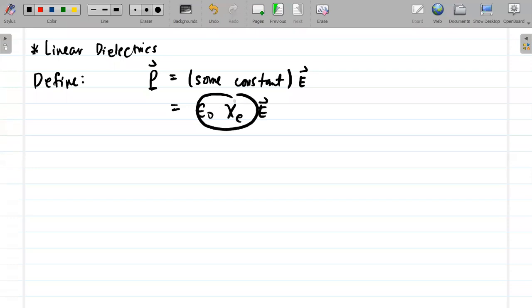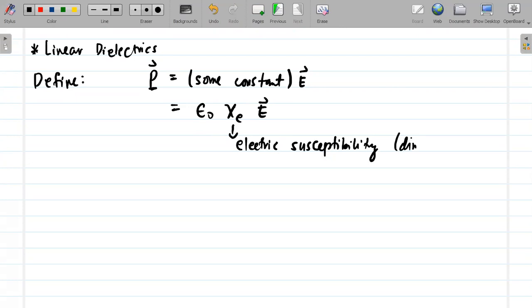Itong some constant, naging ganito. Where actually, this is your epsilon naught, yung permittivity in vacuum. Yung chi, Greek letter chi ito. This is your electric susceptibility. So, ito ay dimensionless.